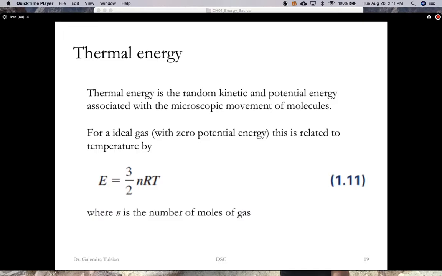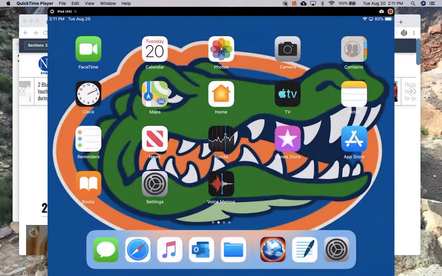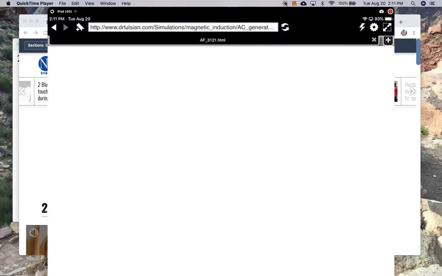Okay, so let me show you a little model.